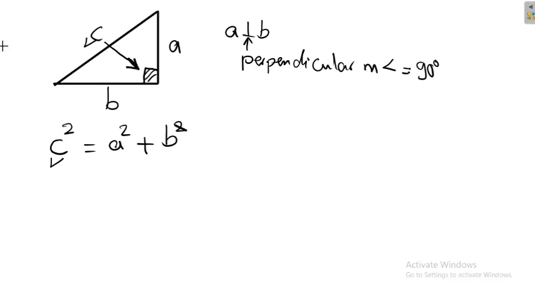Simply by solving the equation for C. Solving the equation for C means to get 1C to the power 1. We have C squared. To get rid of the square, take the square root of the two sides. Then the square root of C squared. Let's make it in a separate line.